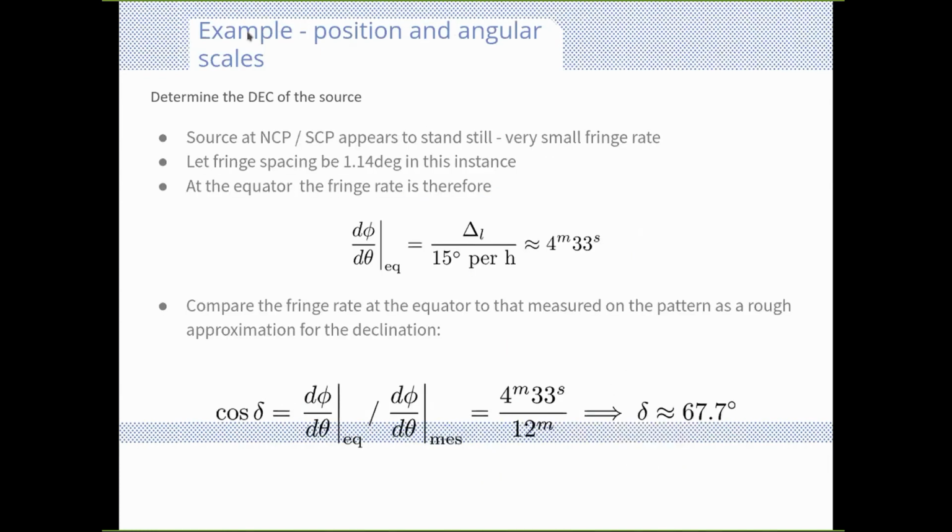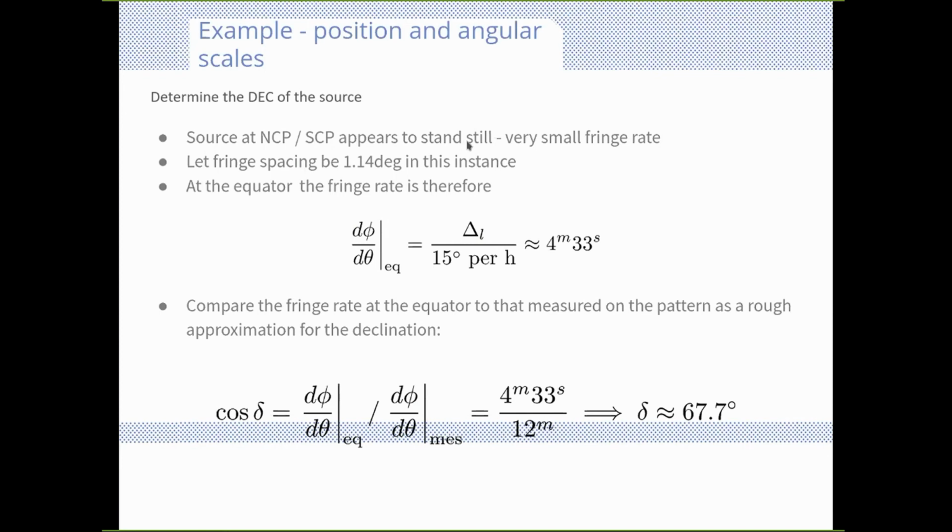Now, let's get on to declination. This is slightly trickier, but still doable, at least for a rough approximation. As I said, we only have one unique spacing here. To localize the source properly, we need many projections. A source at the celestial pole, either NCP or SCP, appears to stand still.